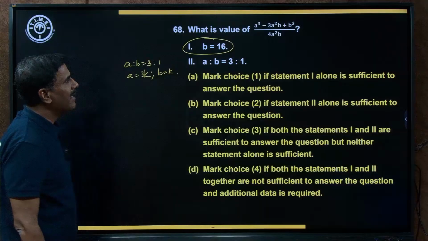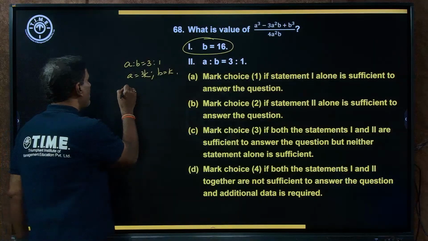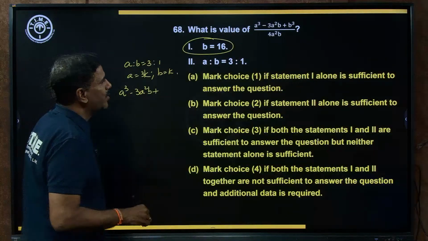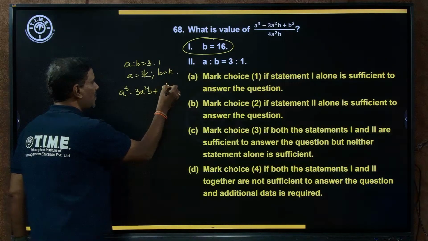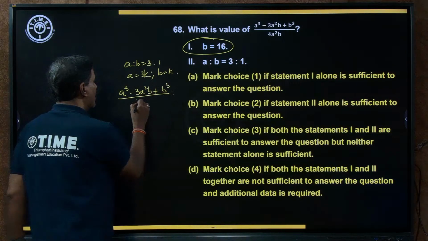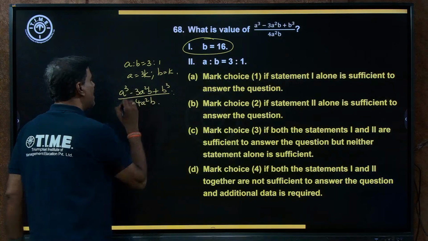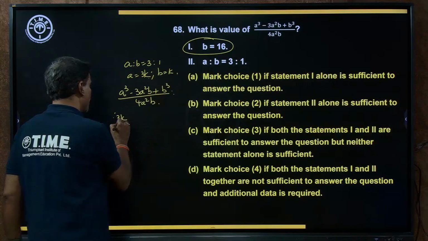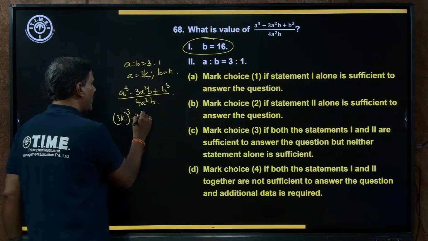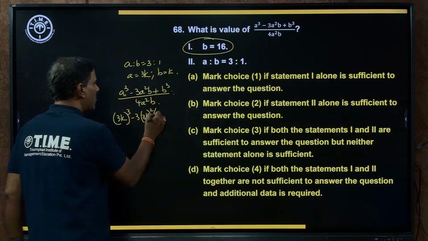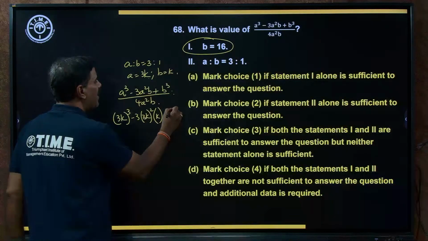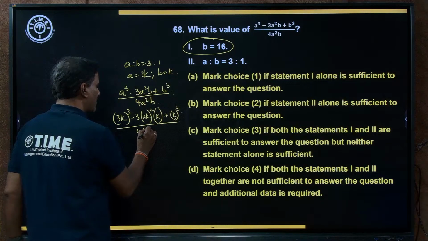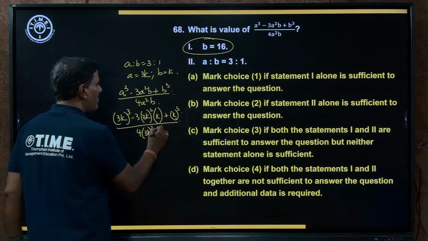Now if you look at our expression, a cube minus 3a square b plus b cube, by what we have in the denominator, 4a square b. So we substitute these values and see what we will get. In place of a, if you substitute 3k whole cube minus 3 into 3k whole square, in place of b, k, plus b cube will be k cube, dividing it by 4 into 3k whole square into b will be k.